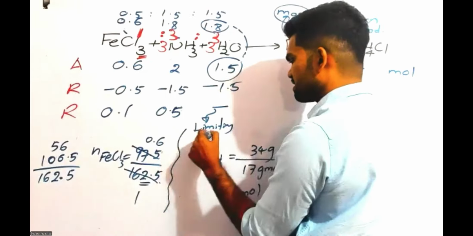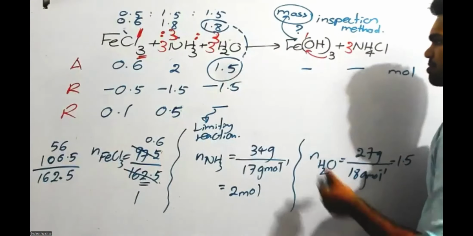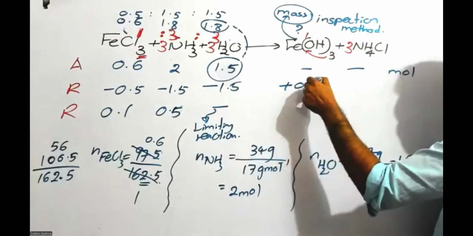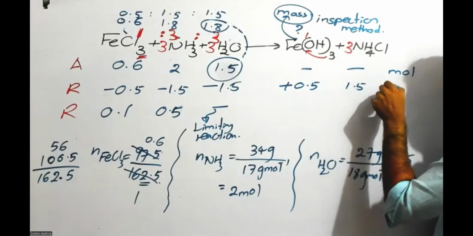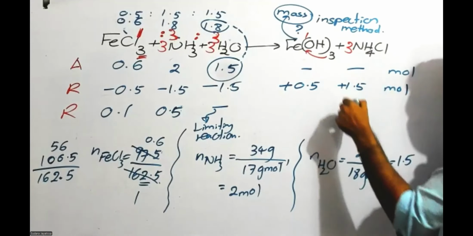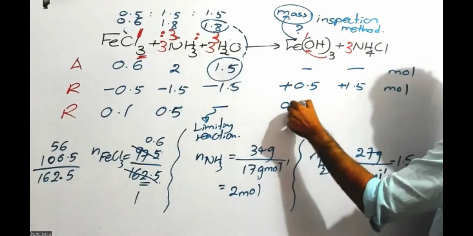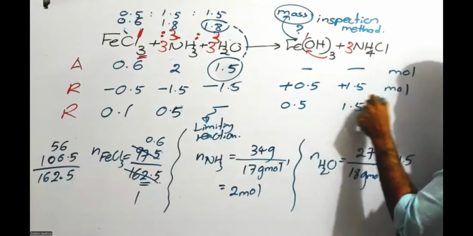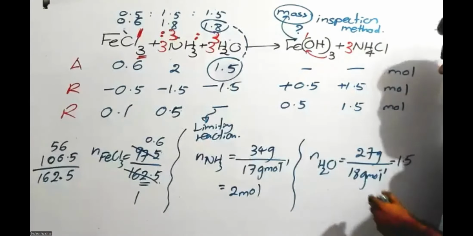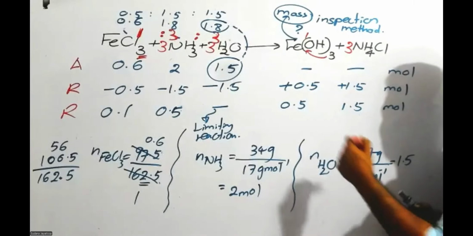This is the reactant that limited the reaction. If you have more water, then this will continue further forward. And on this side, 1.5 moles will be given. Okay, so 0.5 moles are formed by this reaction. So this is the data we need, 0.5.